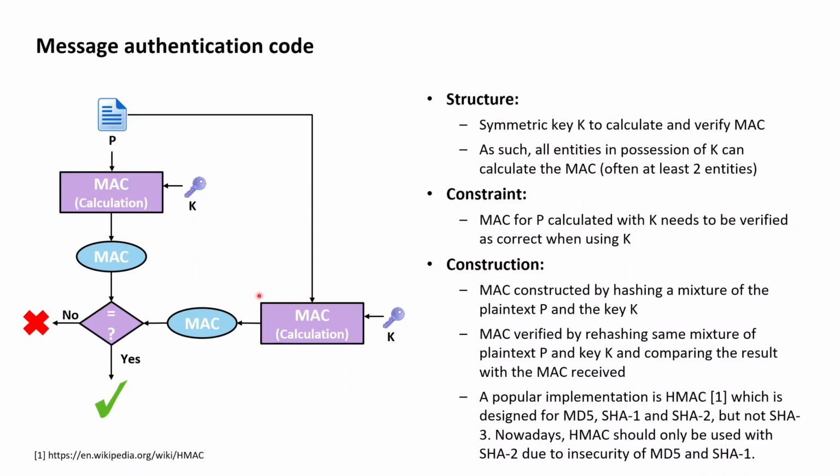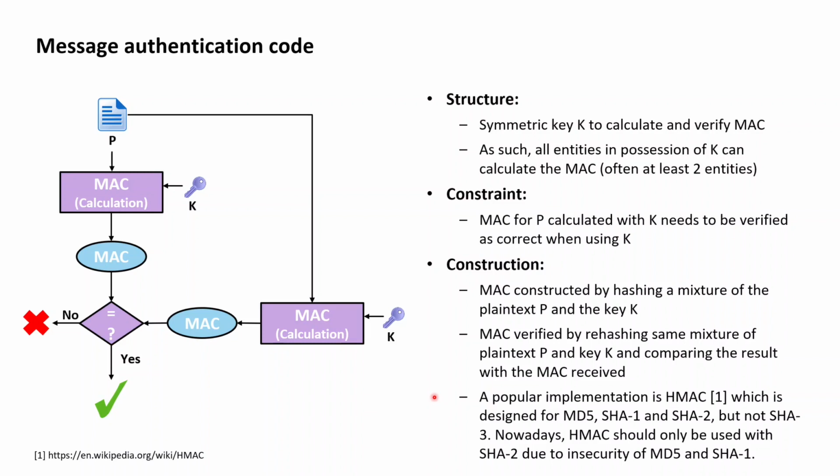A popular implementation of message authentication codes are hash-based message authentication codes, in short HMACs. HMACs were designed having the hash functions MD5, SHA-1 and SHA-2 in mind, which are three hash functions internally built according to the same principles.